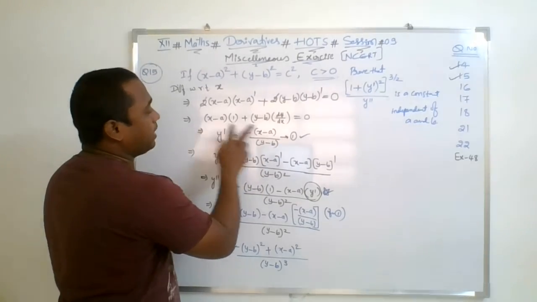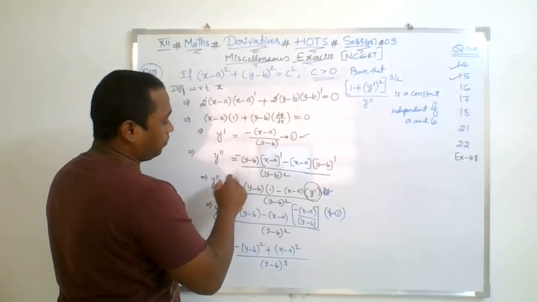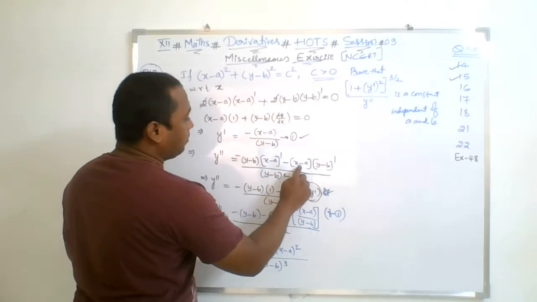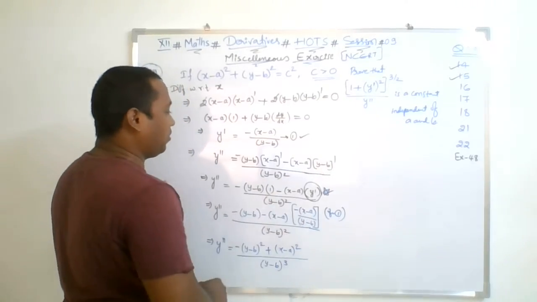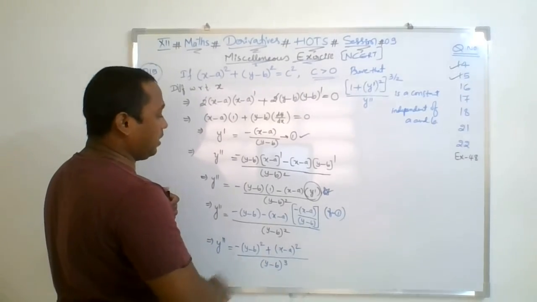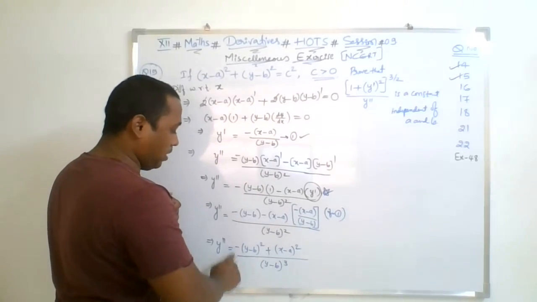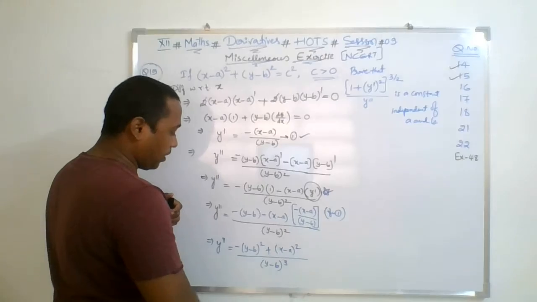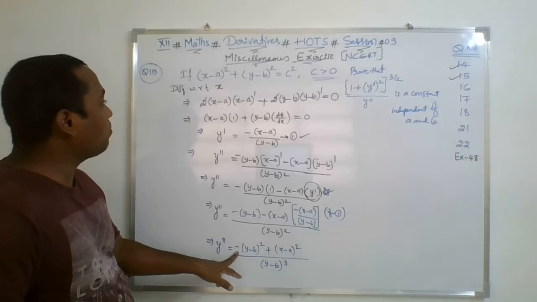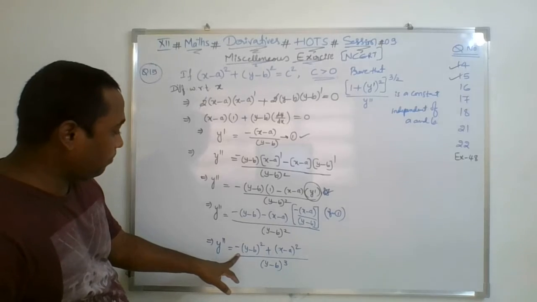dy by dx would be minus of (x minus a) by (y minus b). Correct. So y double dash would be this, minus of minus plus (x minus a) whole square by (y minus b). I think it should be positive (y minus b) whole square, but we are not getting that over here.